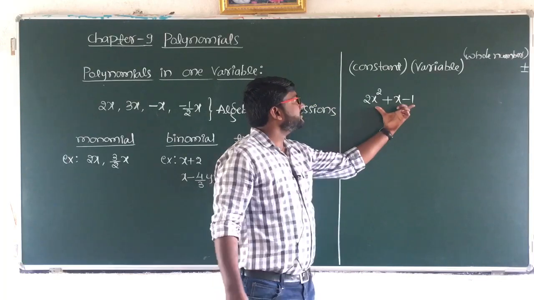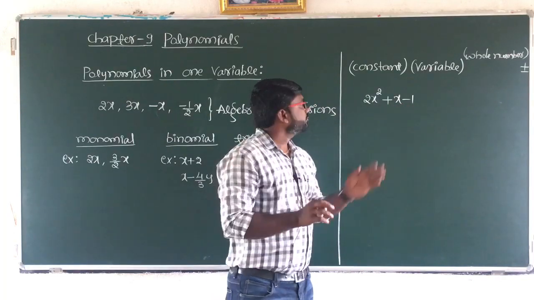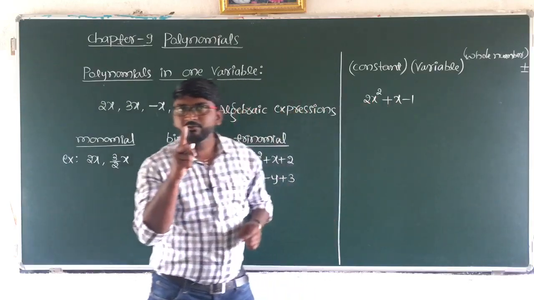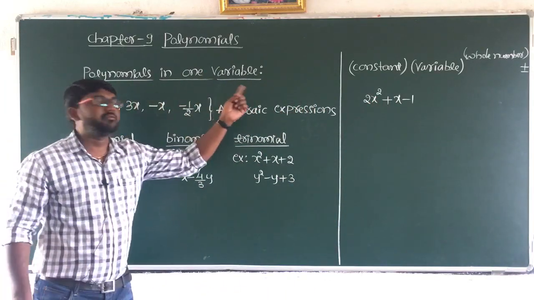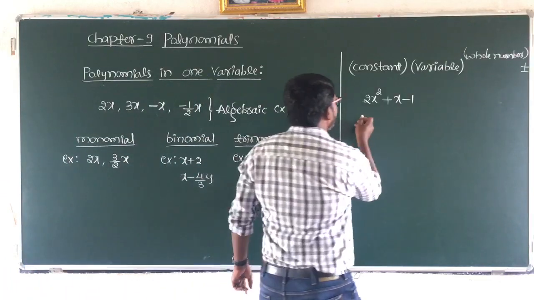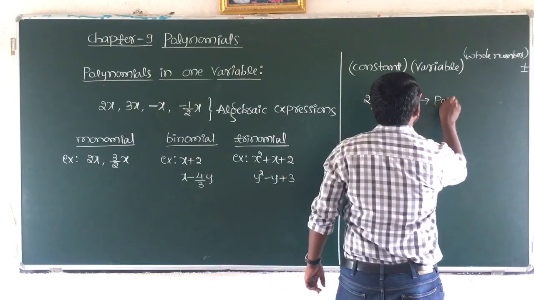So this is a polynomial. Here x is the variable. This polynomial has only one variable, that is why the name is polynomials in one variable. This is a polynomial in x.